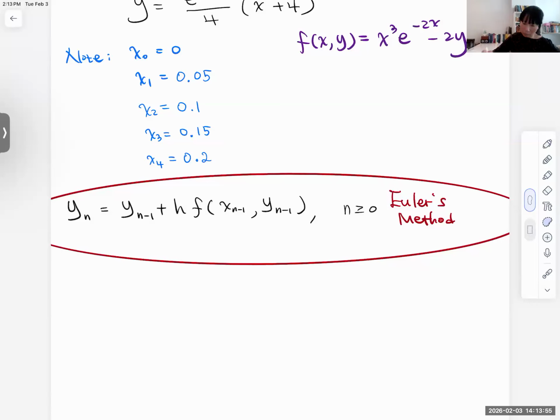So it's 0, we don't have to do that, so y sub 1?